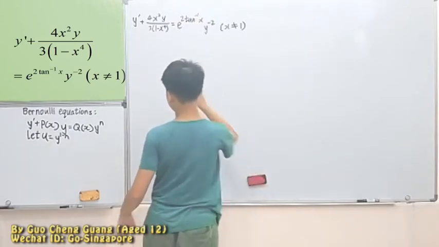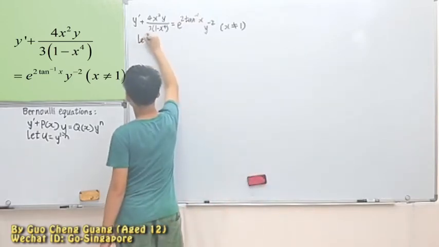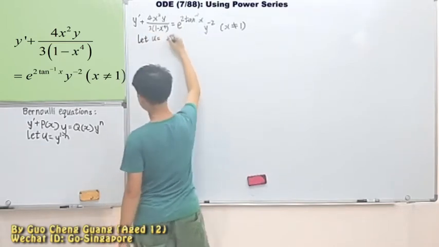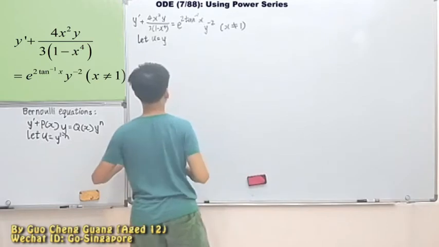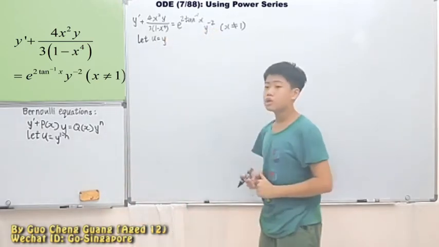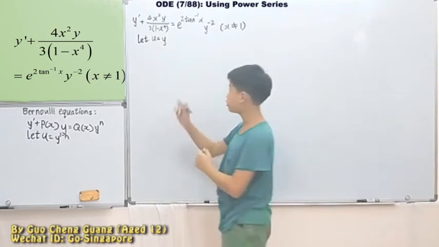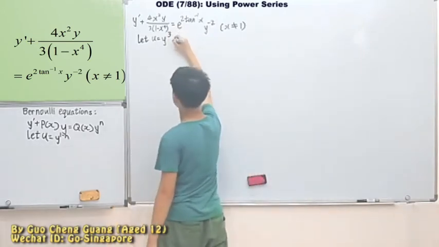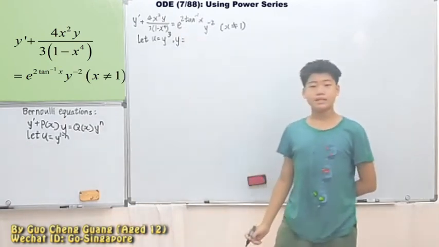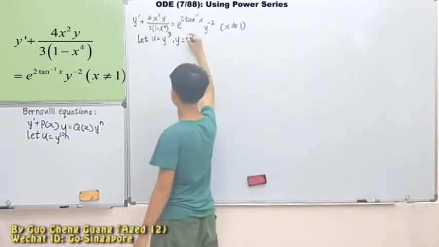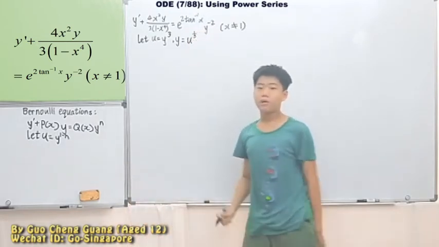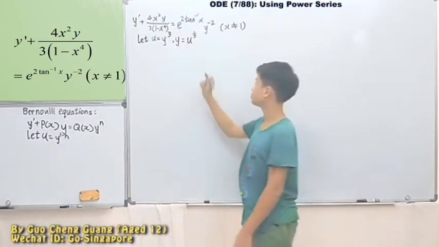So we've got it. Then this part, let u be y to the power of 1 minus negative 2. So that means 1 plus 2, and that is 3. Then after that is to find what is y. So this would be u to the power of 1/3.